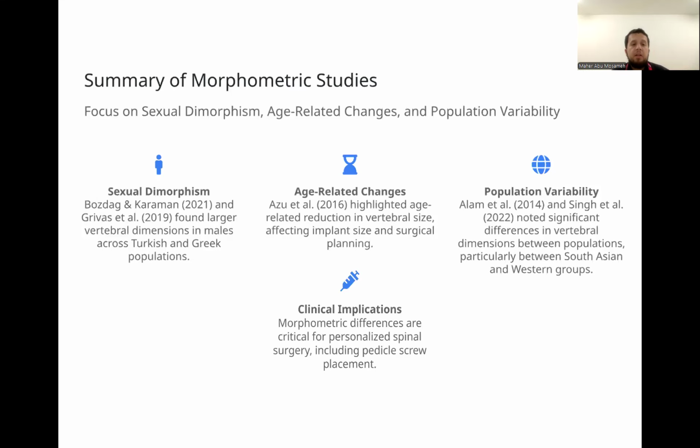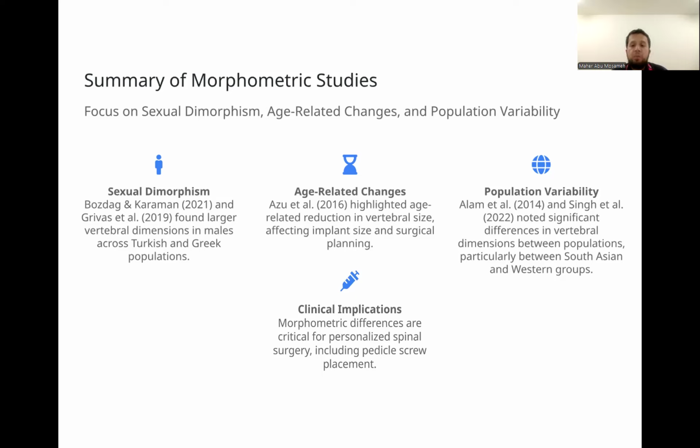So in summary of morphometric studies, sexual dimorphism in two studies by Bozdak, Karaman, and Grivas, they found larger vertebral dimension in male across Turkish and Greek population. With relation to age-related changes, one study by Azu highlighted age-related reduction in the vertebral size, which will affect the implant size and surgical planning.